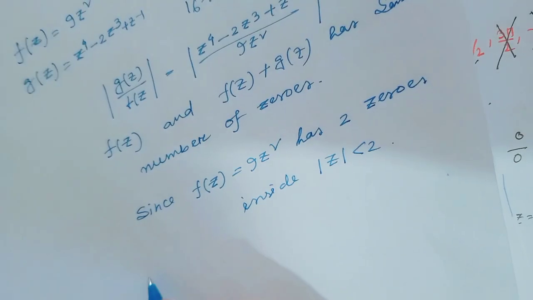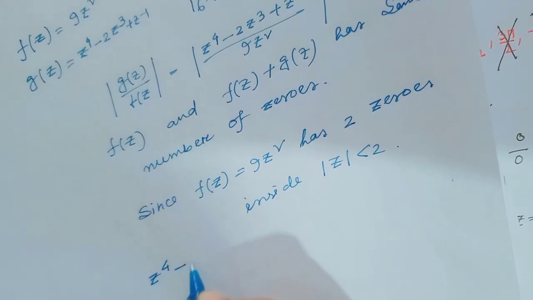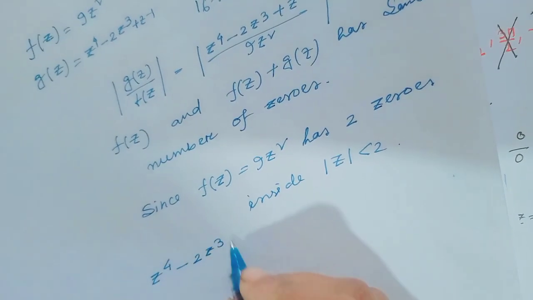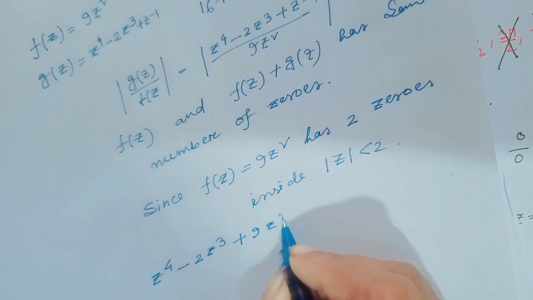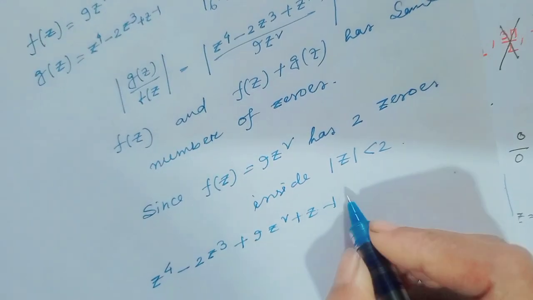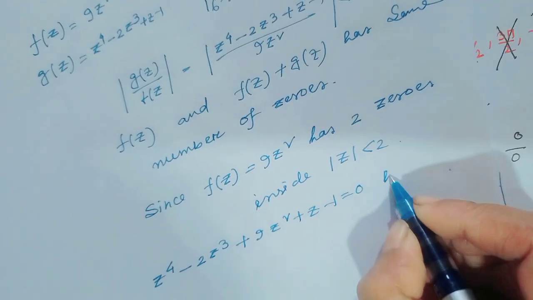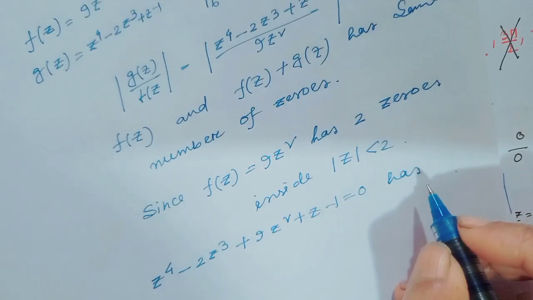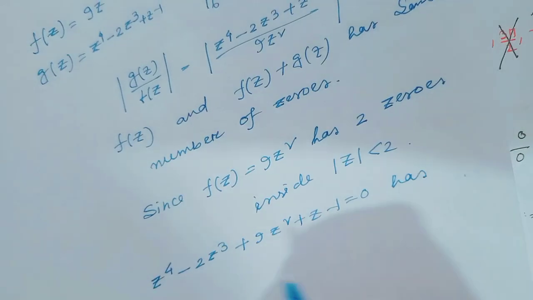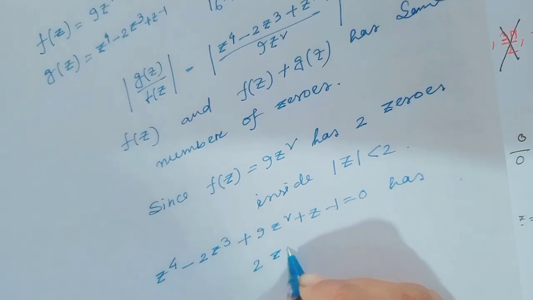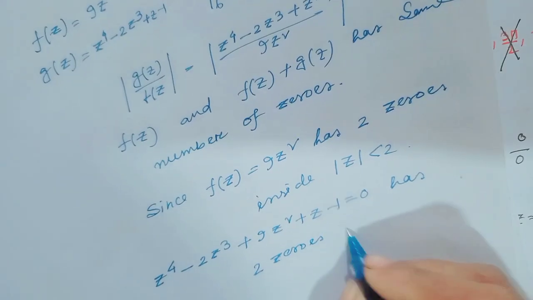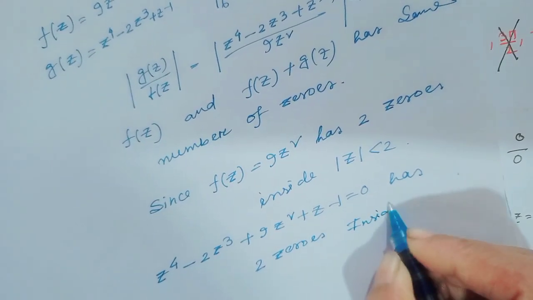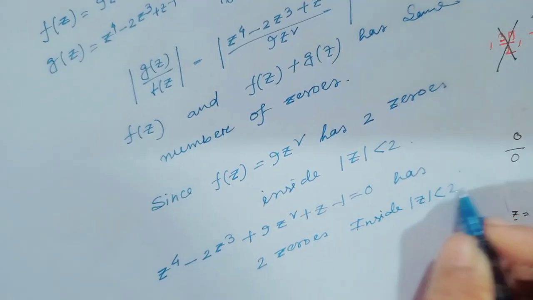Therefore the given function z to the power 4 minus 2z cube plus 9z square plus z minus 1 equal to 0 has 2 zeros inside mod z less than 2.